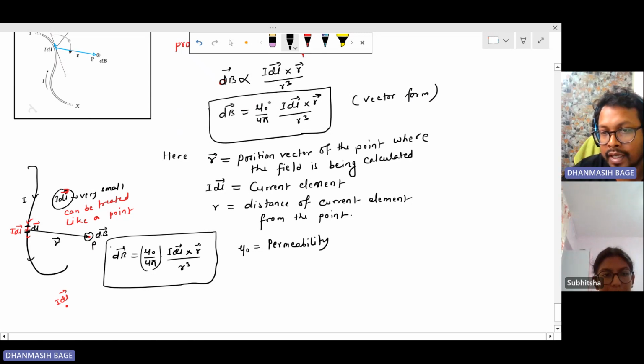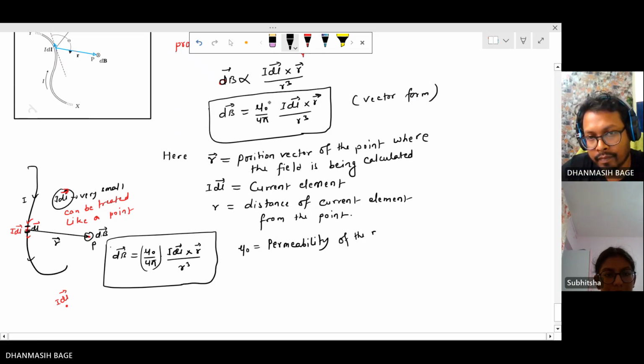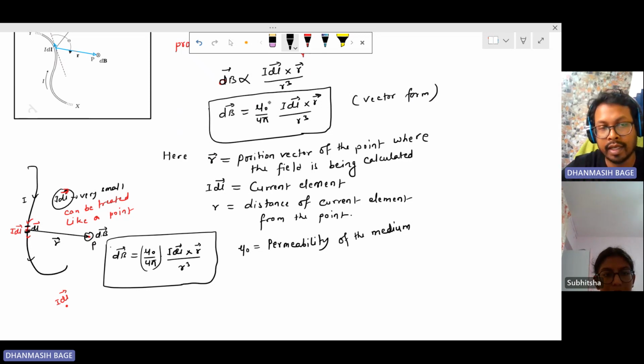Just like permittivity, whatever expressions you got for the electric field, you will get the same kind for the magnetic field. So it is the permeability of the medium. Magnetic field also depends on the medium. For a different medium, the magnetic field will be affected.